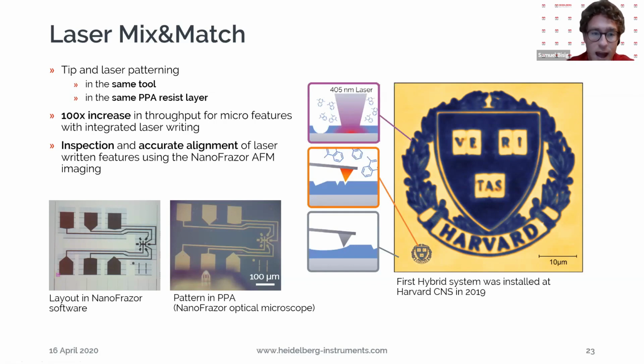With that, for the overall design of your pattern, you can even increase throughput by a factor of 100 for these micro features with the laser writing.